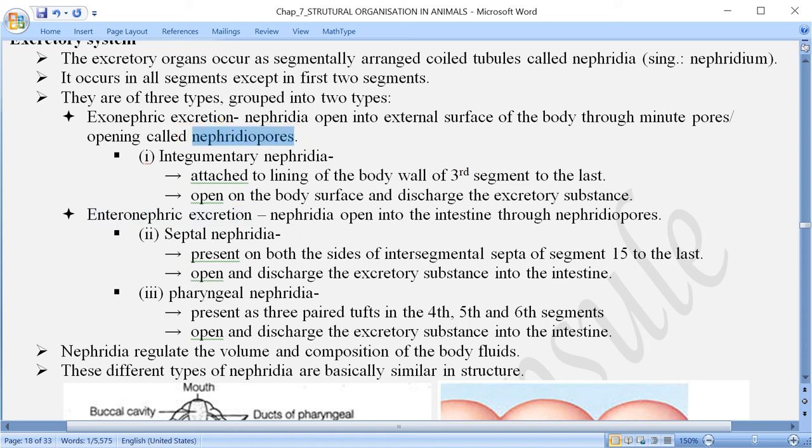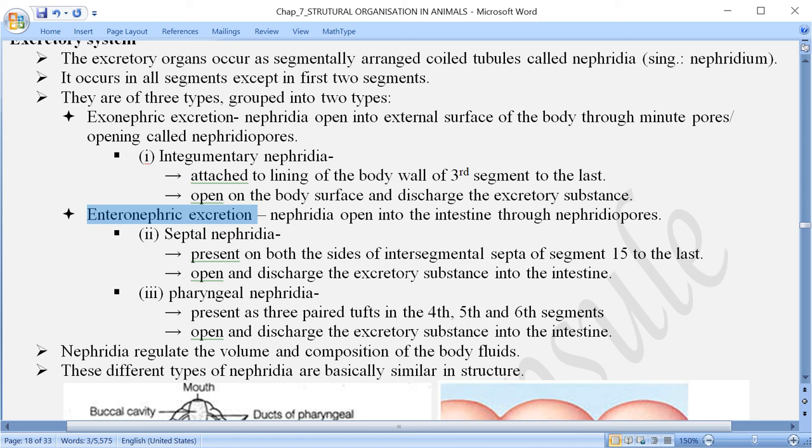So that type of excretion in which the nephridia opens outside onto the body surface is called exonephric excretion. And the other one is called enteronephric. Why? Because in this what happens, nephridia opens into the intestine through the nephridiopore.